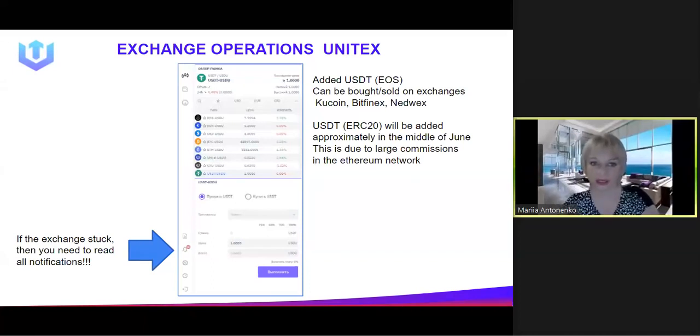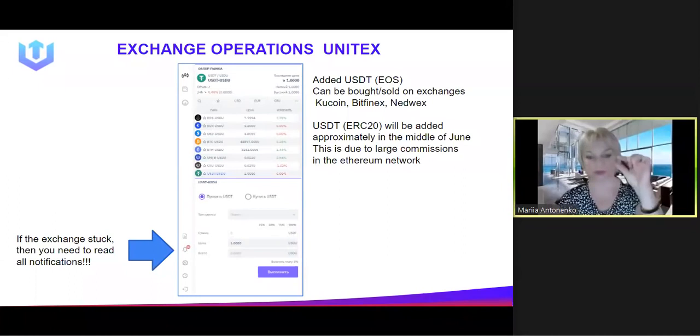The same stands for the verification on UnitEx. If for some reason you were rejected, then create a ticket, and you will be given a second attempt to upload the necessary document. There is this window somewhere in the bottom left corner.